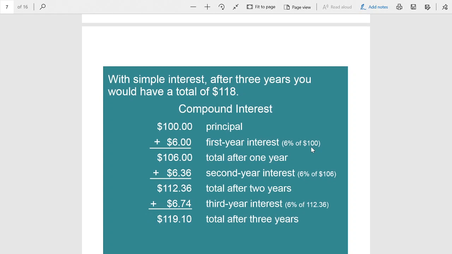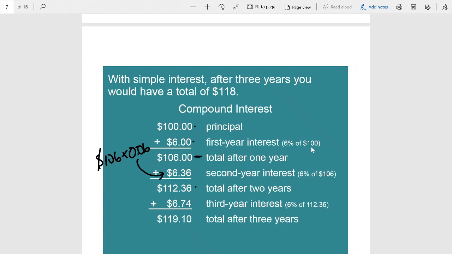First year, we would have $100 plus 6. So by the beginning of that second year, we would have $106. But at that point, it's going to take $106 and find 6% of that, which ends up being $6.36, a little bit more than that $6 from the first year. And so we add it on top.